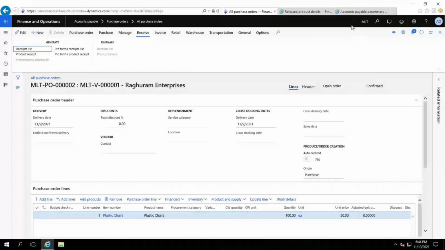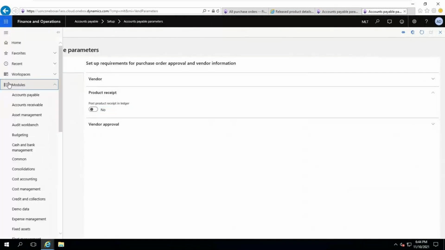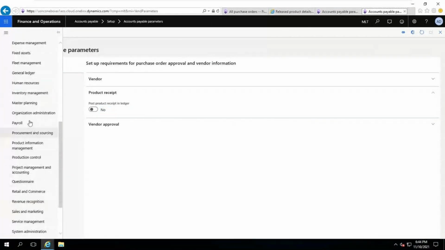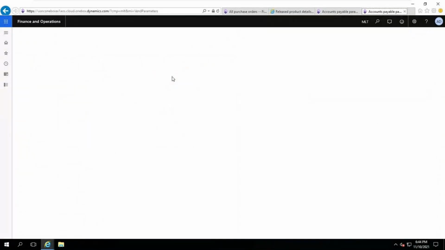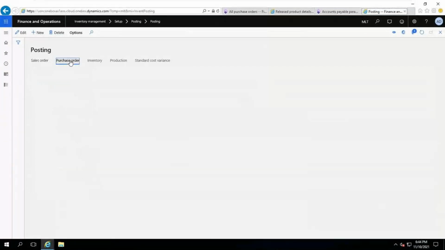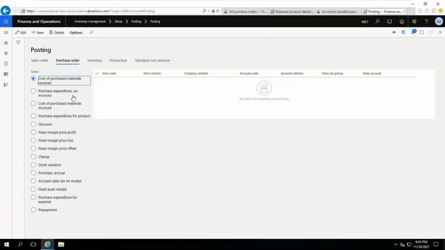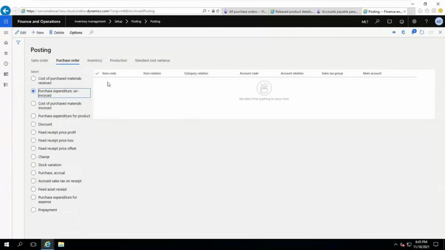No. So in this case, because I have disabled that checkbox, if I go back to inventory management, postings or item group, wherever it is, I have not mapped any ledger accounts. Not required, because we have not enabled this checkbox. Then it will not throw any error message even though I have not mapped any ledger accounts.